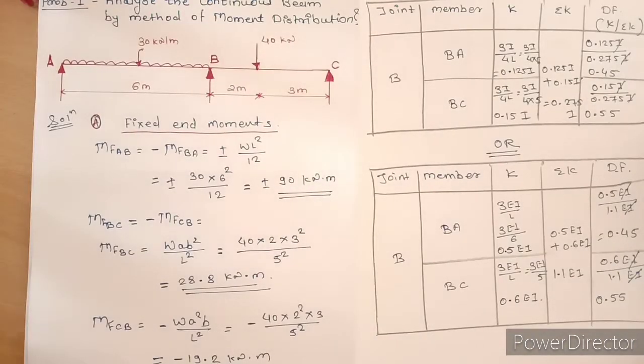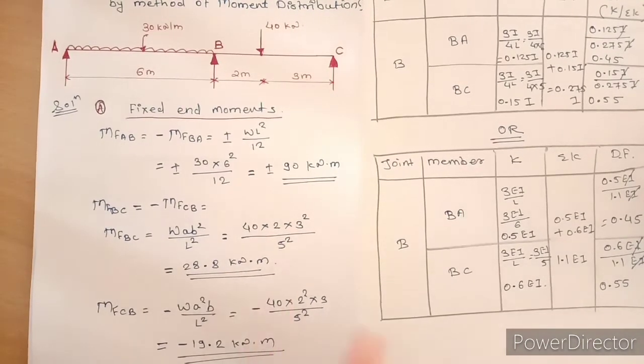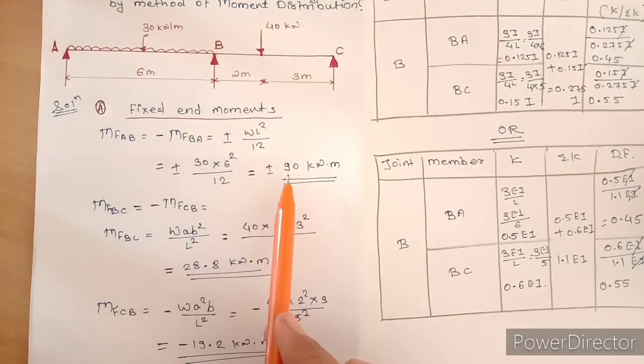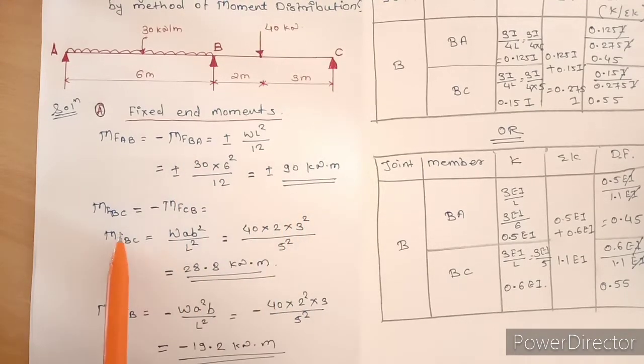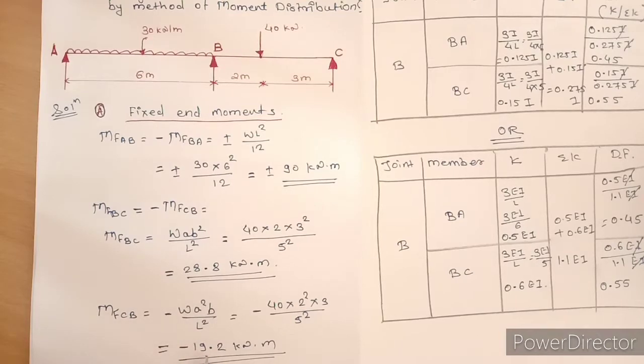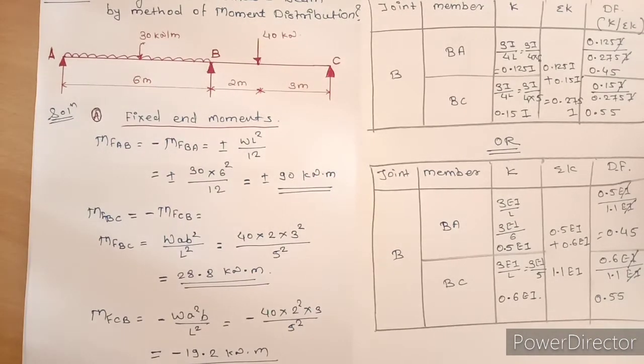You can see that in the first step we already calculated the fixed end moments. The fixed end moment for member AB is plus 90, for BA it is minus 90, for member BC it is plus 28.8 kilonewton meter, and for CB the fixed end moment is minus 19.2. So these fixed end moments are put into this chart.